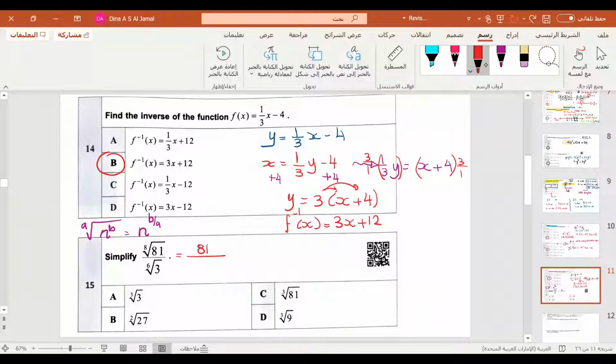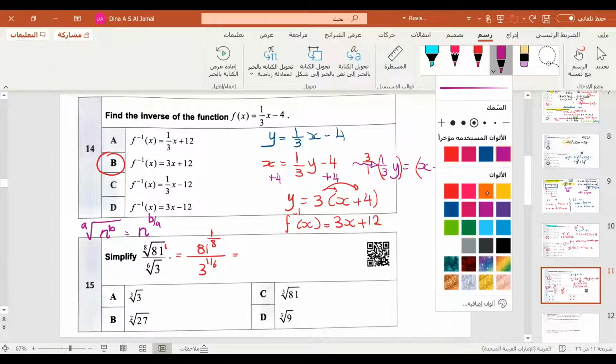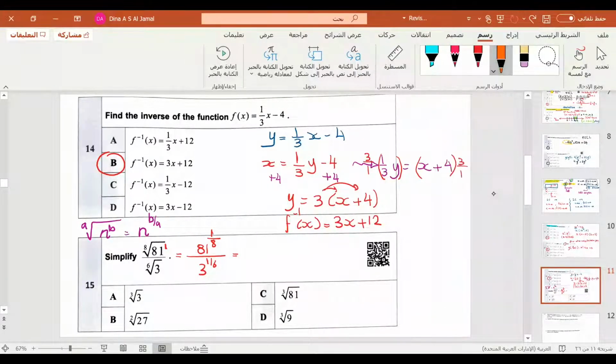81. And what is the power? It is having power of 1. What is the index? 8. Then here 3, 1 over 6. Now let's think of something to eliminate and to have a relation to.